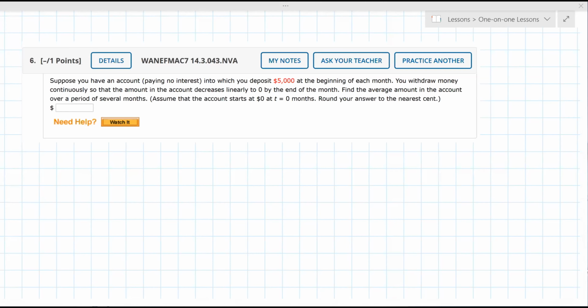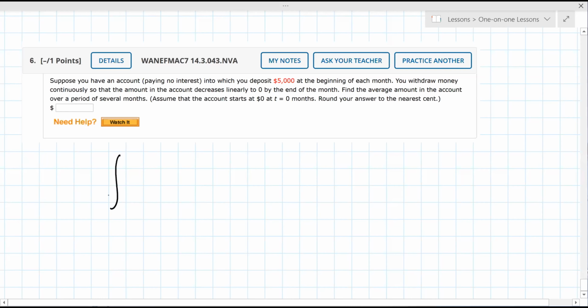This one is not reasonable. It kind of feels like it's related to that problem that we're doing with the moving average. But you don't know.